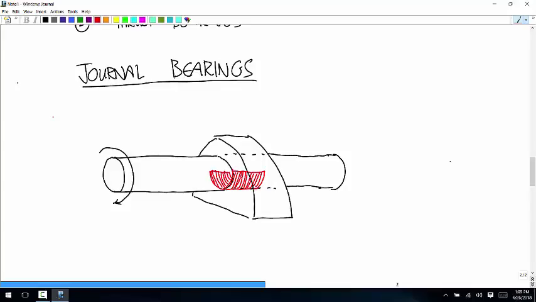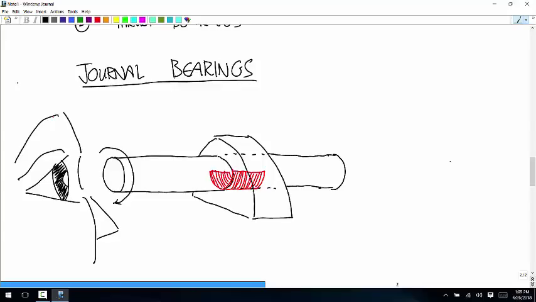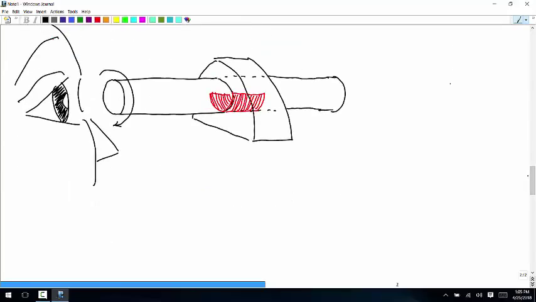And so we want to calculate how big that friction is. So here's how we're going to visualize it. Imagine looking at it from this side. Let's think of a free body diagram of the shaft.